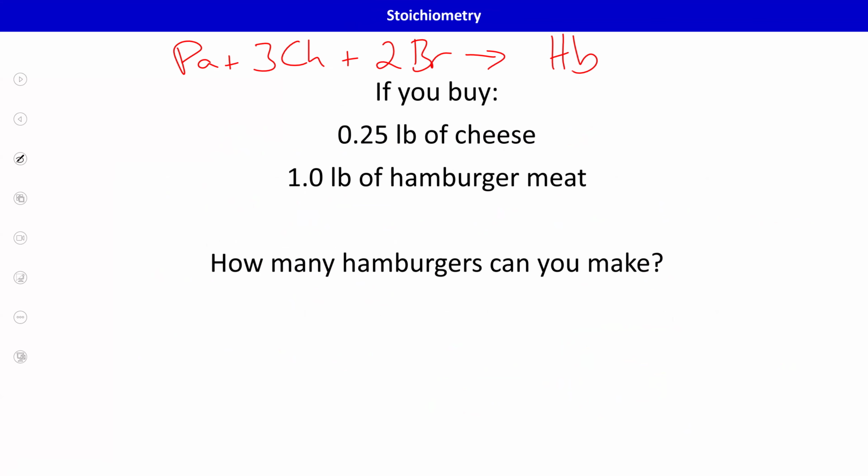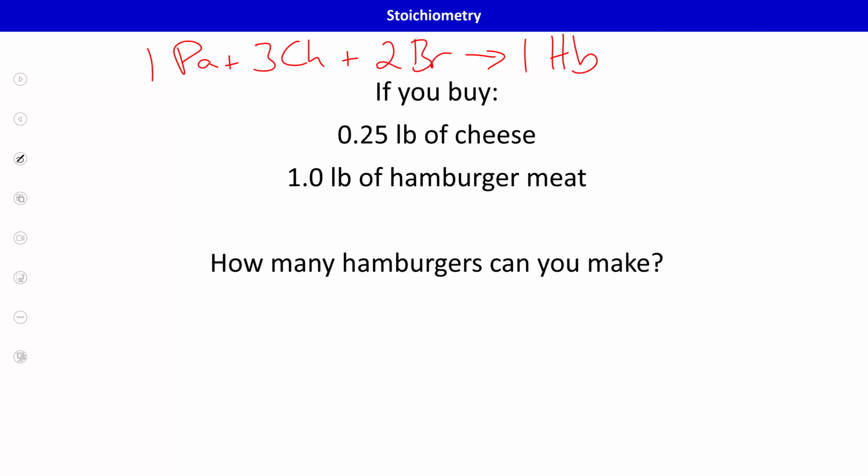And I don't think I actually said this, that's kind of implied: if you don't put a coefficient in front of something, it's assumed to be 1. Just the same way we don't write over 1 every time we write down a number, we don't always have to put 1 in front of it. But for the sake of us learning this the first time, let's put a 1 there. 1 patty plus 3 cheese plus 2 bread equals 1 hamburger.